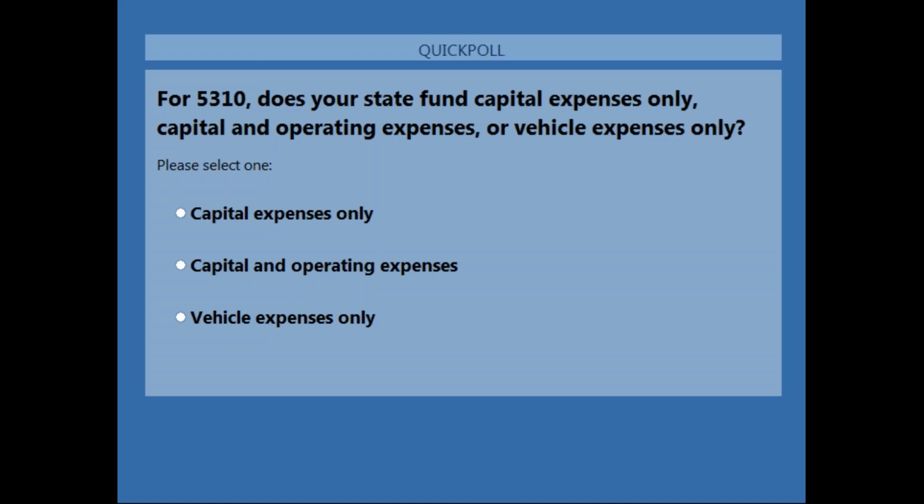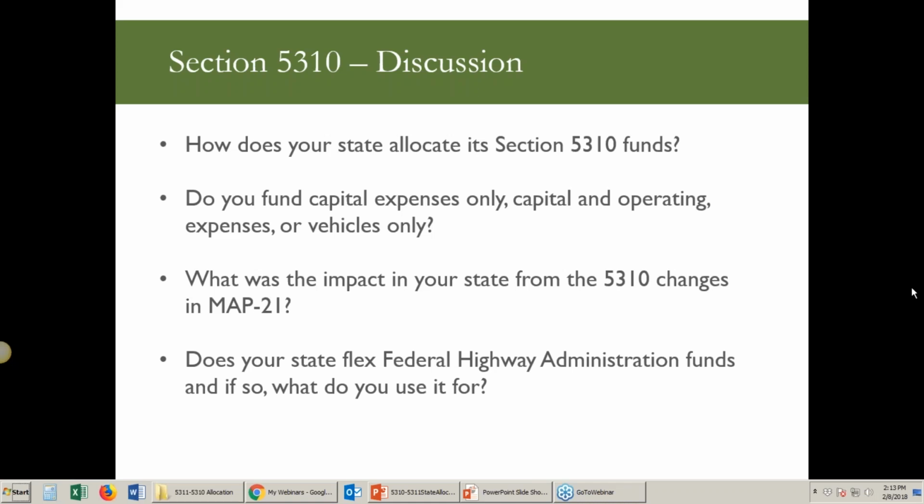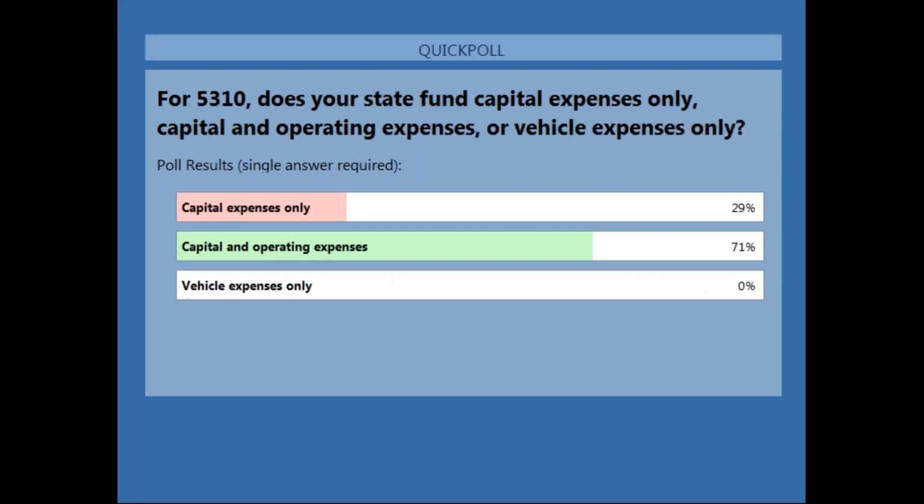Okay, just another couple seconds. Okay, great. So let's share that one. For this one, 71% do capital and operating, and then 29% capital expenses only.